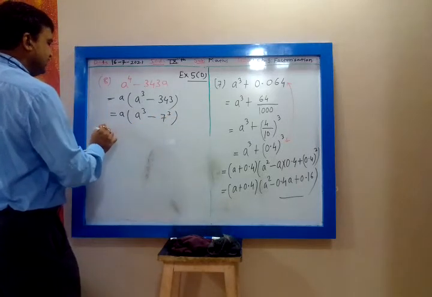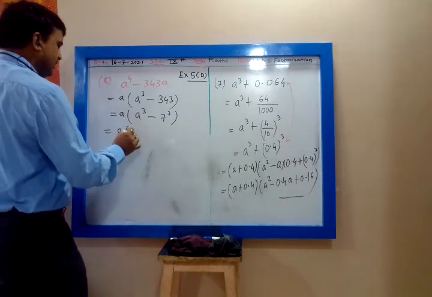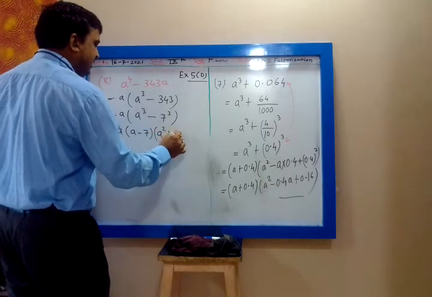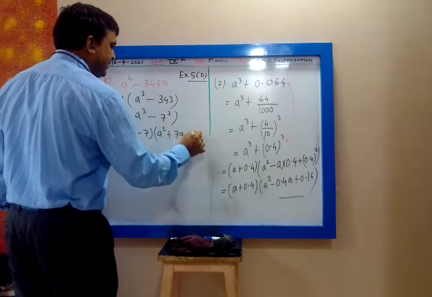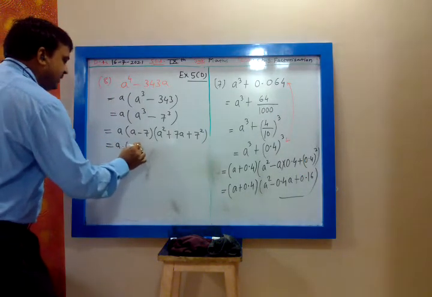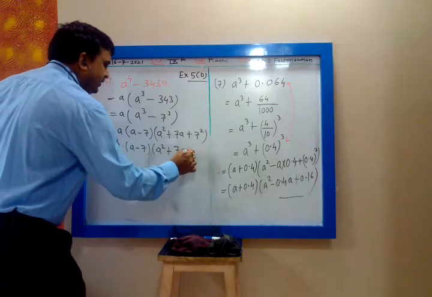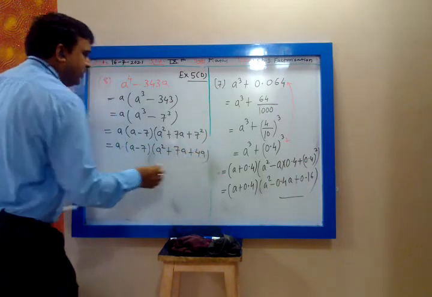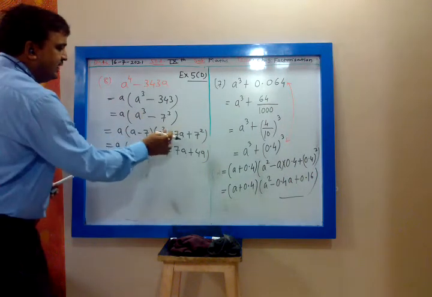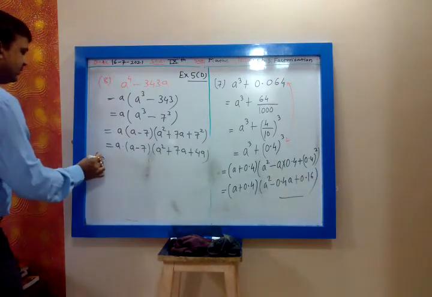So this will be a into, use the formula a cube minus b cube: a minus 7 into a square plus 7a plus 7 square. That is a into a minus 7 into a square plus 7a plus 49. What is important in the formula? Whenever you are writing minus, it is minus, and inside it will be plus. That way you remember the formula.